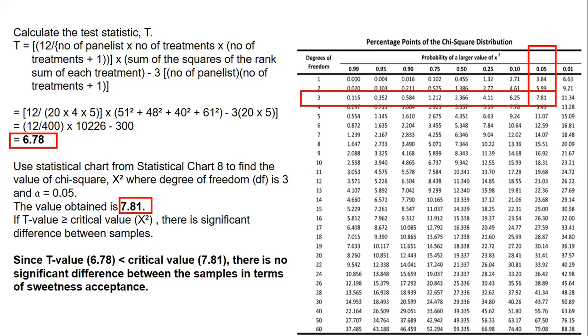Okay, sepatutnya dah habis, tapi saya nak kena ajar juga cara bagaimana sekiranya there is a significant difference. Okay, sekiranya calculated t value lebih besar daripada critical value, it should be a significant difference. So when there is a significant difference, same as the hedonic test with more than 2 samples, we need to find out which sample is different from which sample.